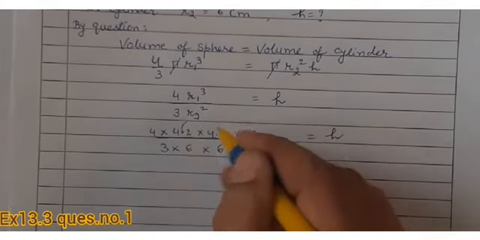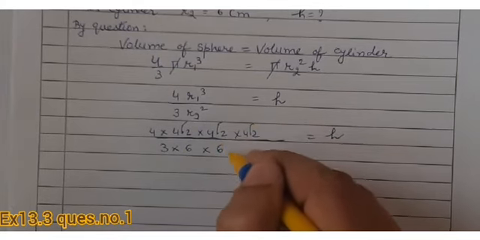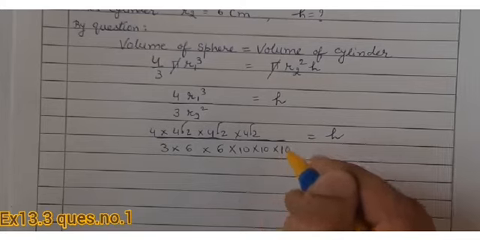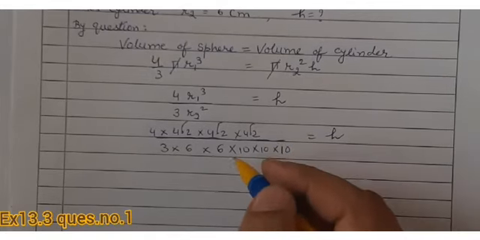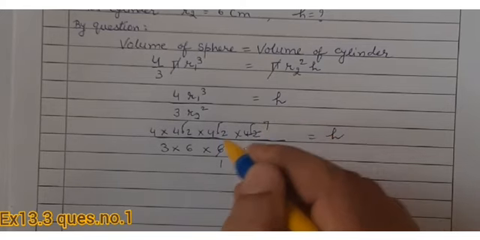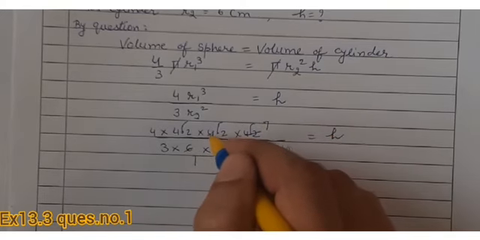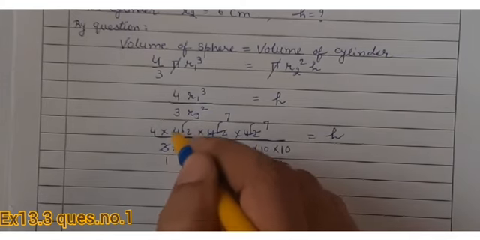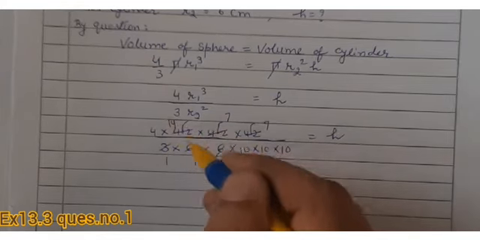I am removing this decimal. 1 2 3 is here, so 10 into 10 into 10 will come. Then 6 1s are 6, 6 7s are 42, 6 1s are 6, 6 7s are 42, then 3. This is 14.